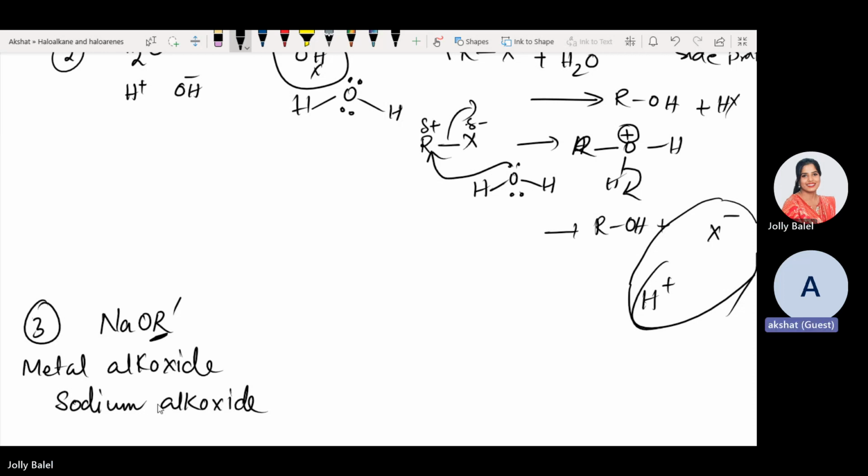OR minus. Now in a similar way, when you react RX with NaOR dash, what will be your product?